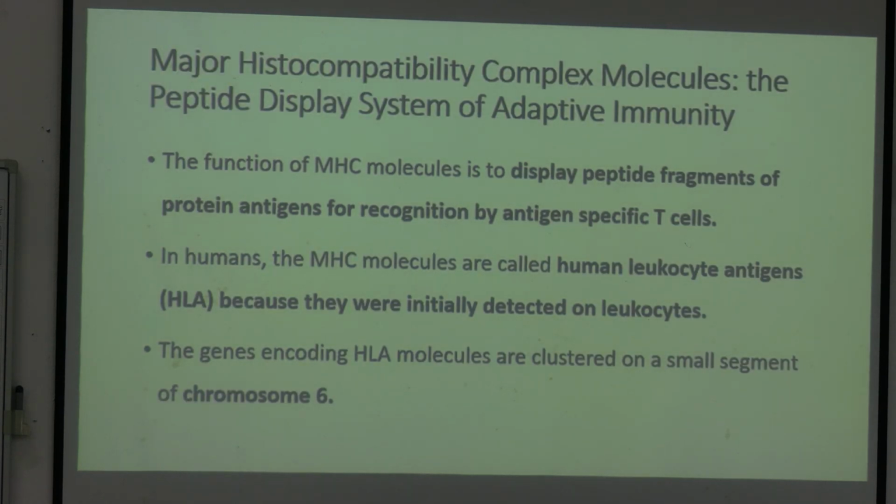Now major histocompatibility complex, MHC. The function of MHC molecule is to display peptide fragments of protein antigen for recognition by antigen-specific T cells. In humans, it is also called human leukocyte antigen because they were initially found on the surface of leukocytes, like neutrophils. The genes encoding HLA molecules are present on chromosome number 6.